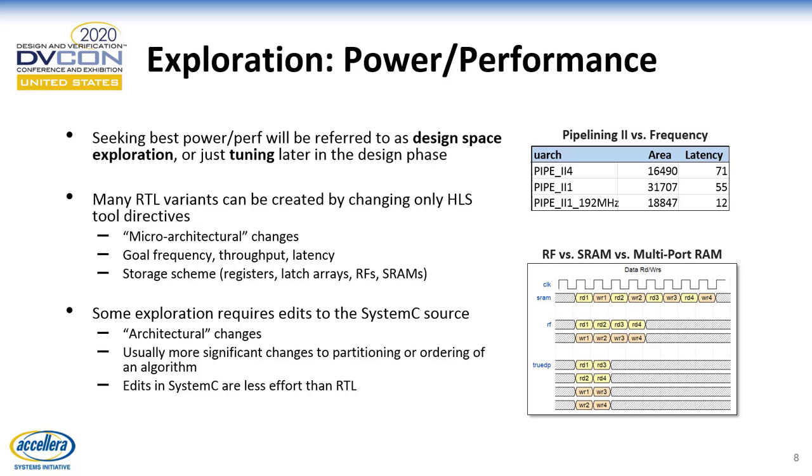I'll get a bit more into the pictures later, but what this is roughly saying is we can change our throughput with a tool directive, and we can change our memory access pattern from doing an SRAM, where you have a single read-write port, a register file where you can do reads and writes concurrently, and even some dual port or just flip-flops here where you can get very concurrent parallel accesses to your storage.